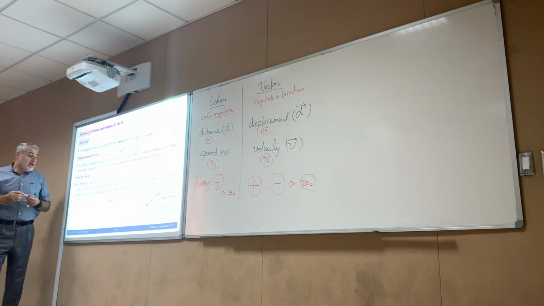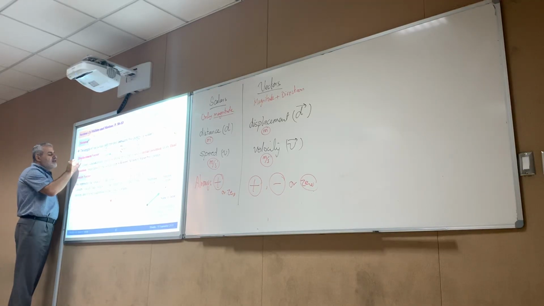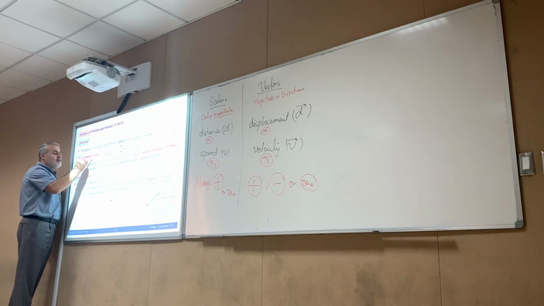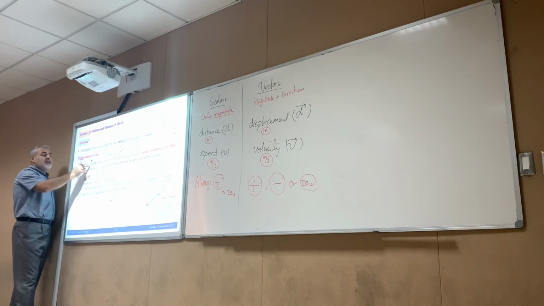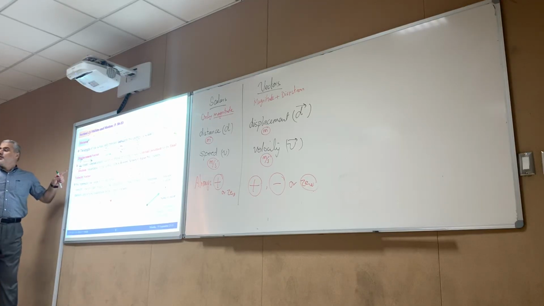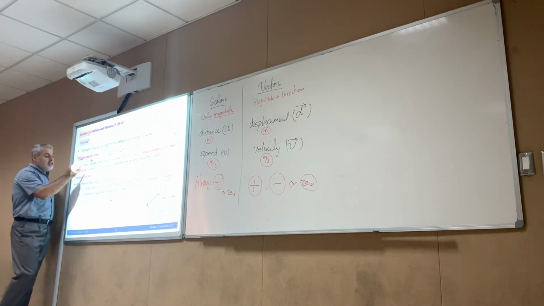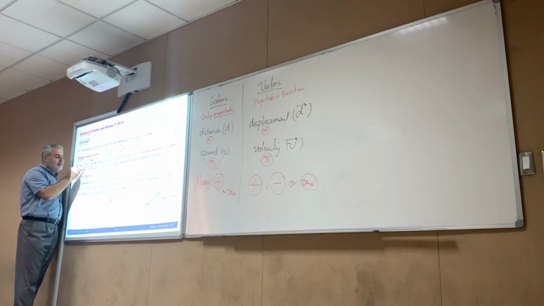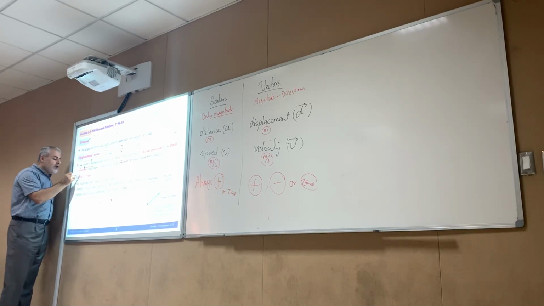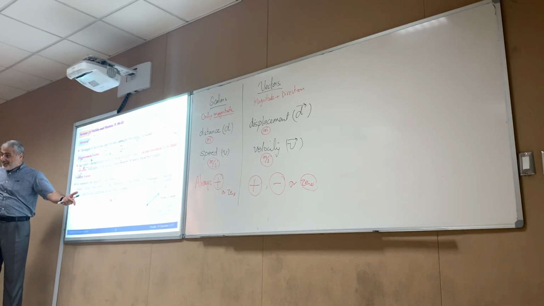Okay. Now I need to tell you something. Any vector you can draw in the form of an arrow like this one. Sometimes you can just simply flip it. If you write negative A instead of A, you have to change the direction. You just flip. If you write 2A as an example, you just double its size.